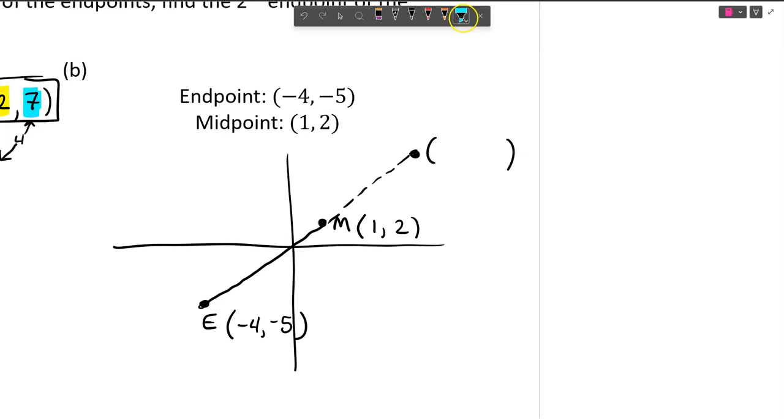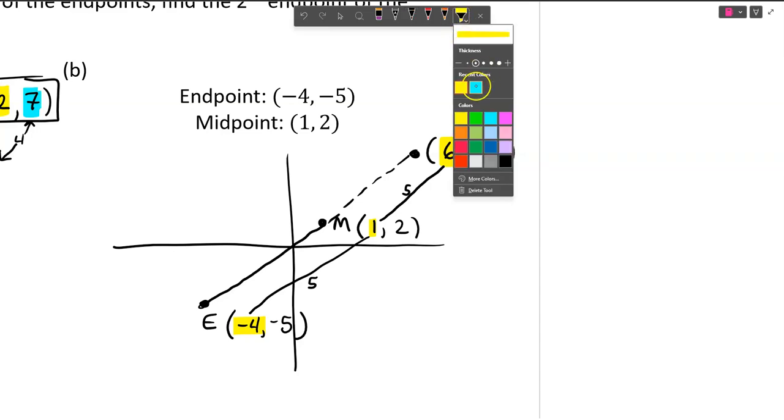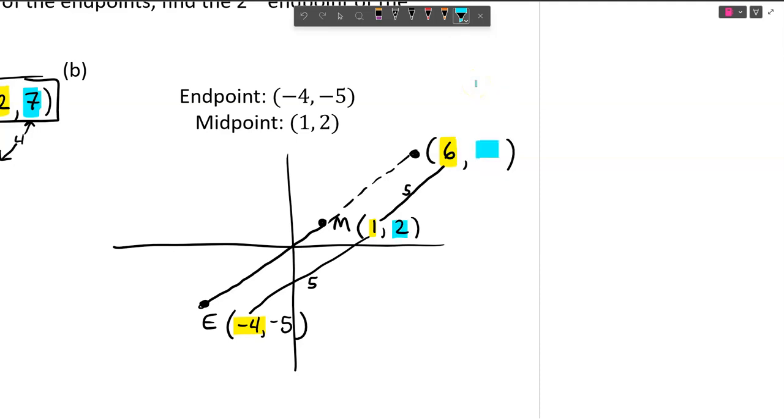So let's focus on one at a time. Let's focus on x's first. How far is -4 away from 1? That distance is 5. So we need the midpoint to the other endpoint to also be a distance of 5. So the x coordinate would be 6 in this case. Let's apply the same idea to y.